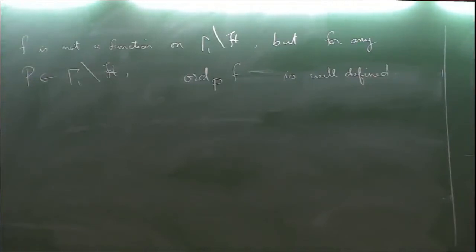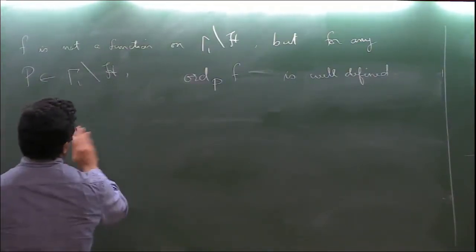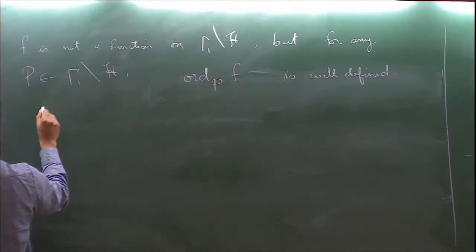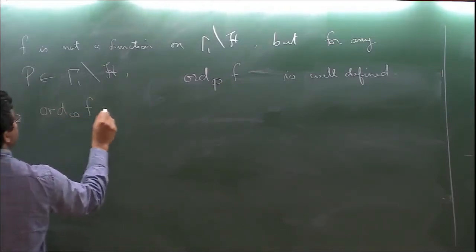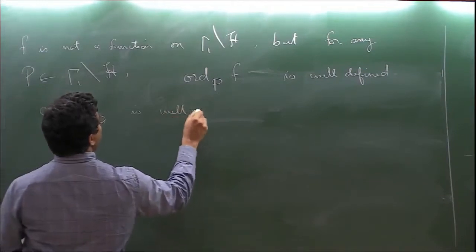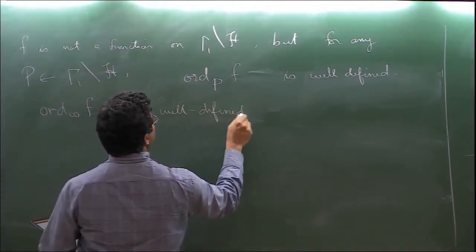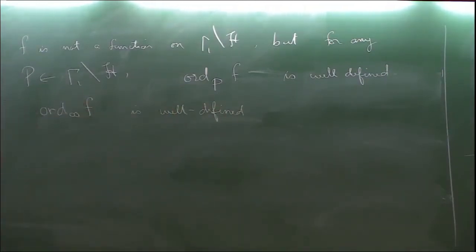Okay, so at infinity, you would just take the Fourier expansion and look at how this is also well defined. So you would just look at the Fourier expansion and see what's the smallest n such that a_n is non-zero.